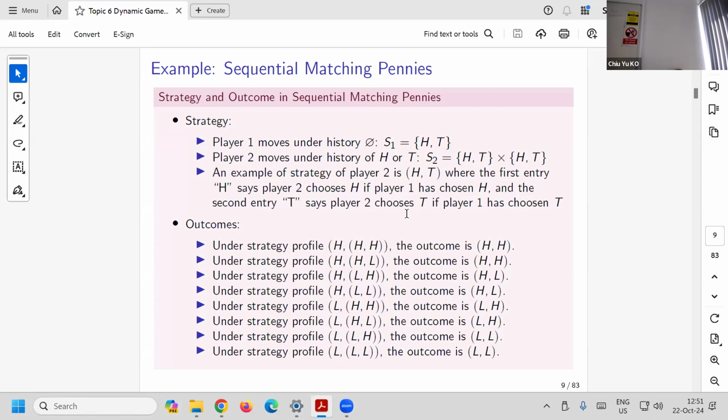For example, if you want to check whether player 2 wants to deviate from this outcome, you need to check whether player 2 will deviate to this, and this. You have to hold player 1's strategy constant and check among these.